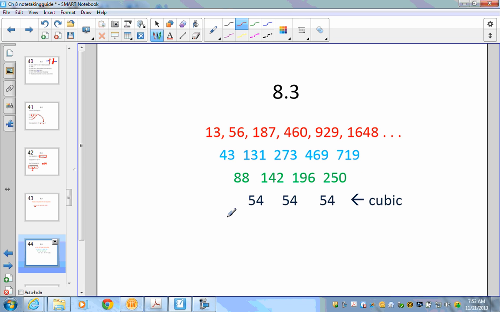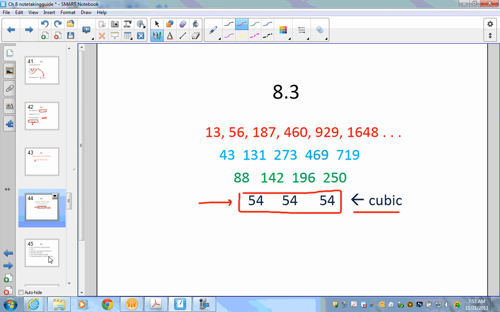There it is. When you look ahead, you now go to your third level, and your third level of differences is going to be your cubic level, which means it's going to be a cubic function. So once again, you follow the same steps as in the last quadratic equation.